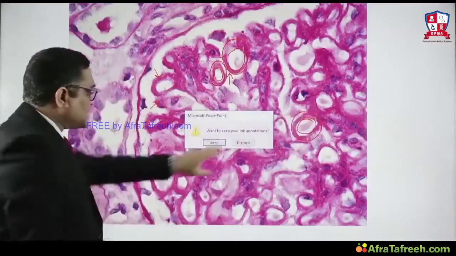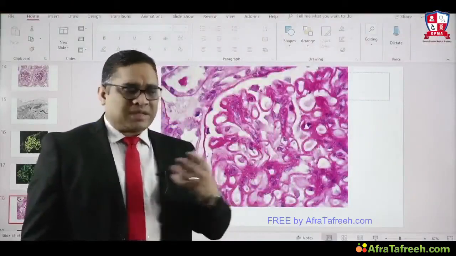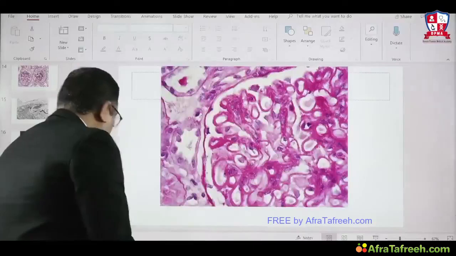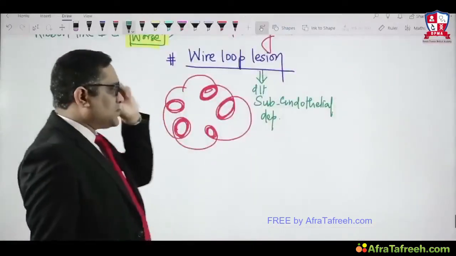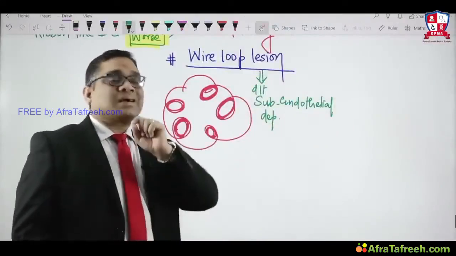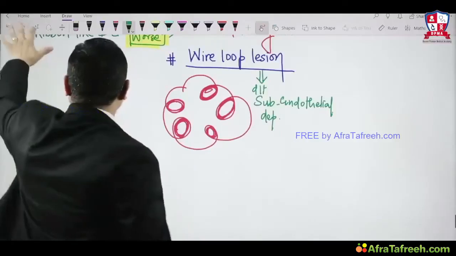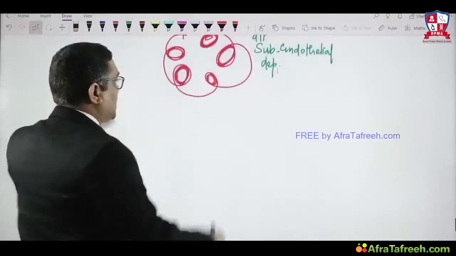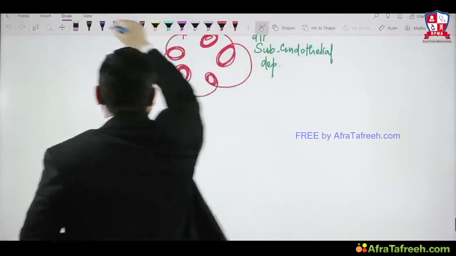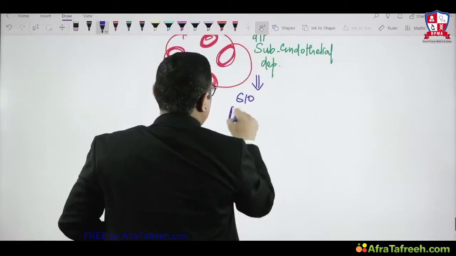And what is their clinical significance? You are working as a nephrologist, and your pathologist has sent you the biopsy report of your patient saying this patient has wire loop lesion, which is a subendothelial deposit seen on microscopic examination. Kindly correlate clinically. So what is your inference? Remember, wire loop lesion is suggestive of active disease.